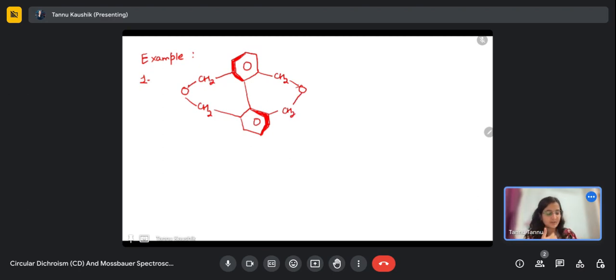we have to find out the point group for this molecule. We have already discussed how to find out the point group. Firstly, we have to figure out the different symmetry elements in a molecule. So for example, this is the center of the molecule.